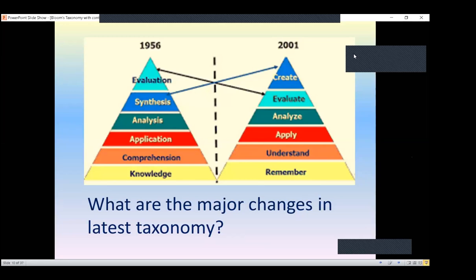But remembering is an act. Student is remembering something, he is doing something, he is understanding, so he's using his thinking capacity to understand. If he is applying, again he's doing something. So all these are verbs, what students actually are doing. So these are the major changes in the latest taxonomy.